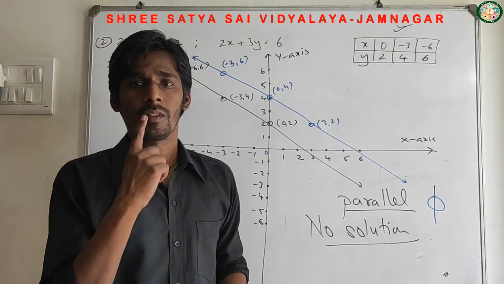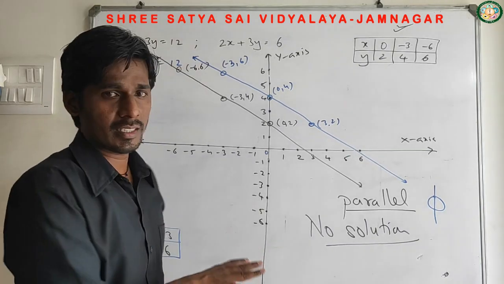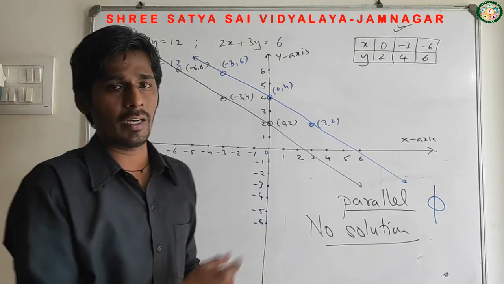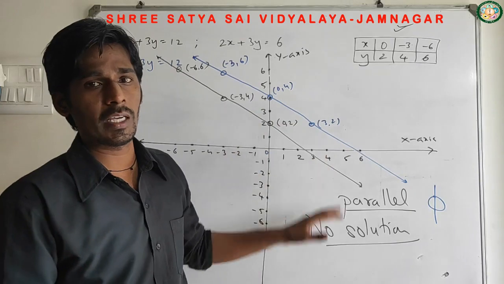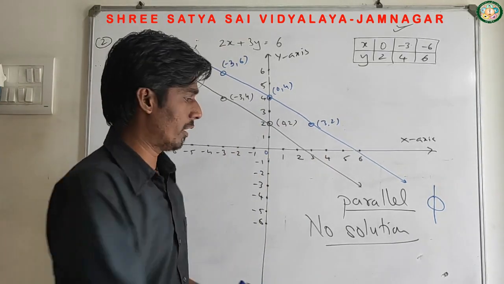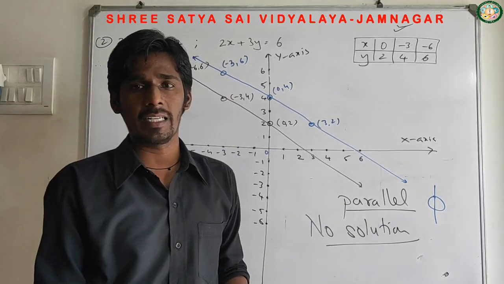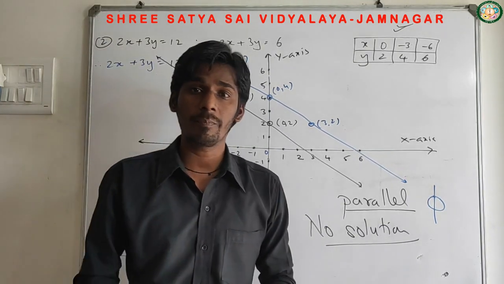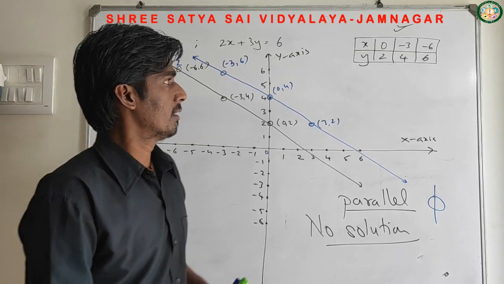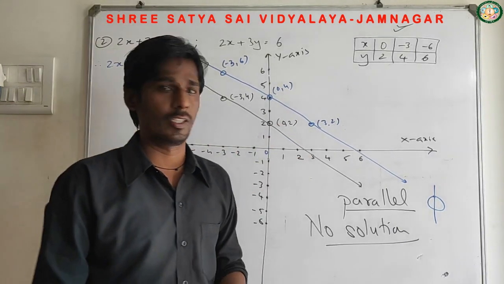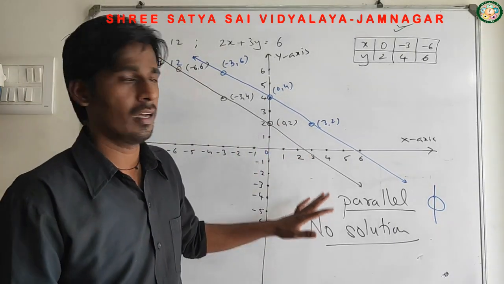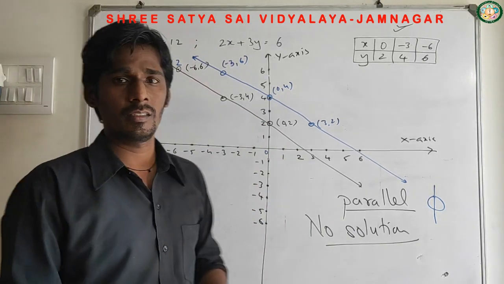Unique solution means they are intersecting at one point. All these things will be clear in the next part of our video, where I am going to explain the table from which you are able to understand when you get no solution, when you get a unique solution, or when you will get infinite solutions. So we will carry on that part in the next video. So up to this, you have to understand how to plot a graph to get the solution.